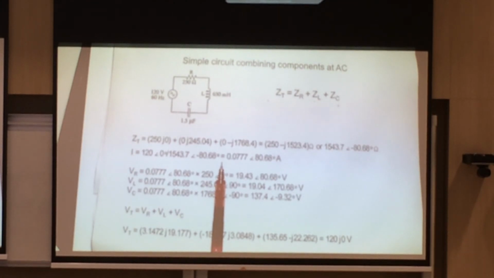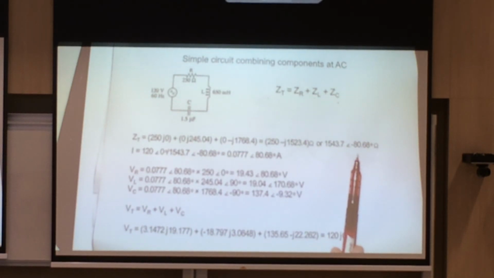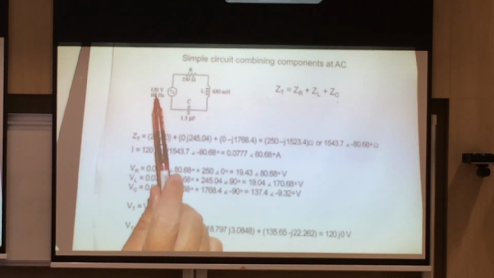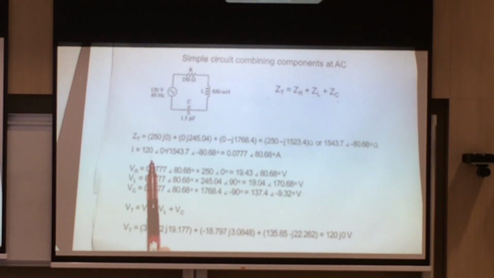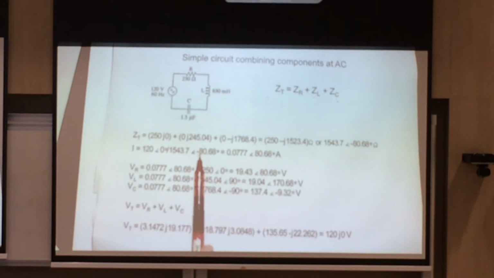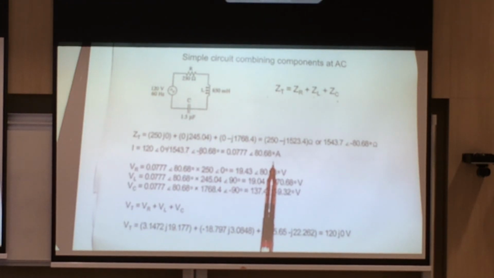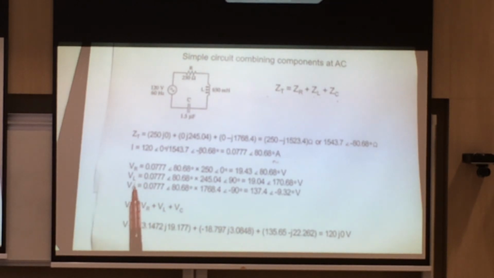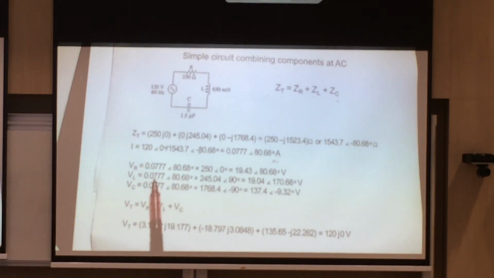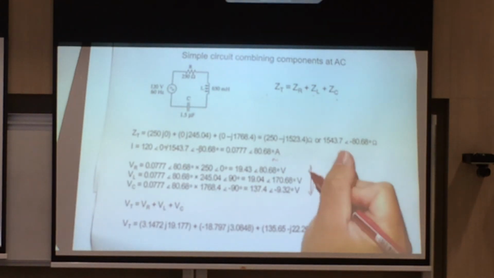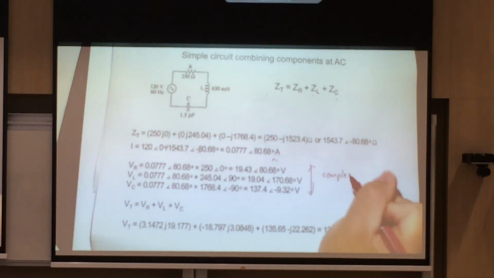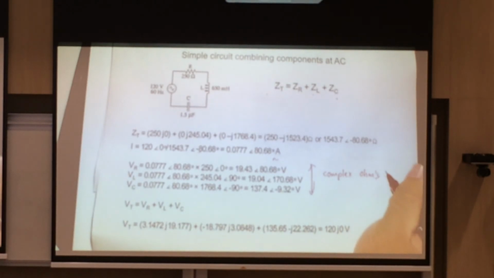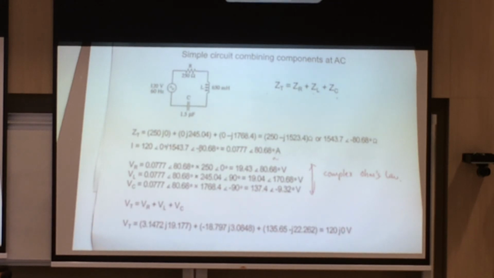If you want to work out your current, it's easier to convert to phasor, and then take your voltage with a zero reference divided by your impedance. That will give you a current. After that, you have to get V_L, V_C. You just apply complex Ohm's law. That's all.